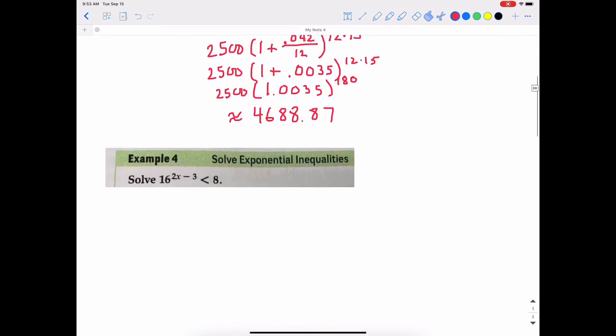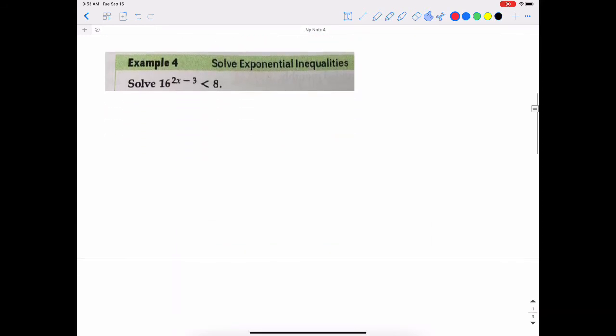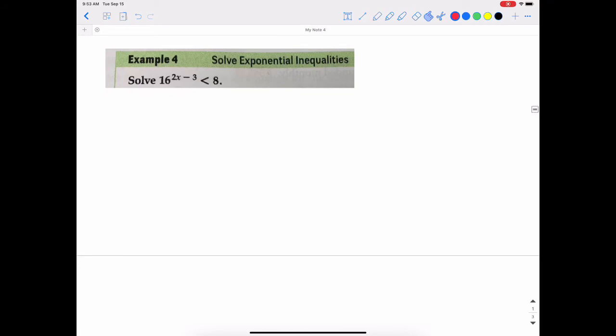And then the last problem actually kind of goes back to 6.1 or 6.2 part 1, which is solving an exponential inequality. You do that very similar to an equation. We're going to try to get both of the bases the same. So 16 and 8, they are both powers of 2.